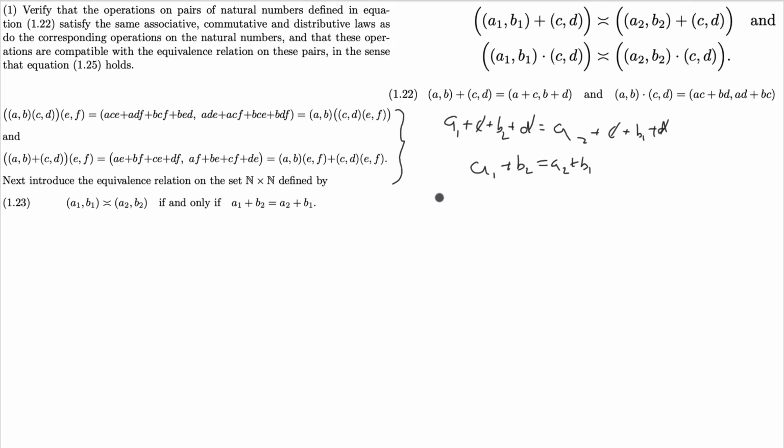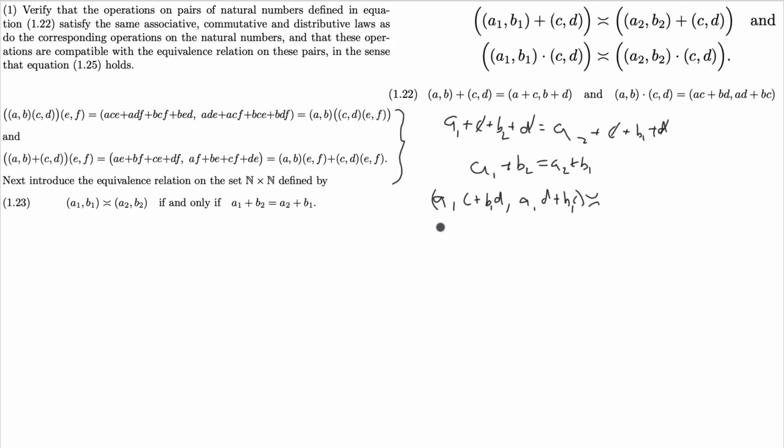So we get a1c plus b1d, comma, and the second element is going to be a1d plus b1c. I need to check if this is equivalent to the same operation applied to a2, b2. So again, the way we check that is we check the equivalence.